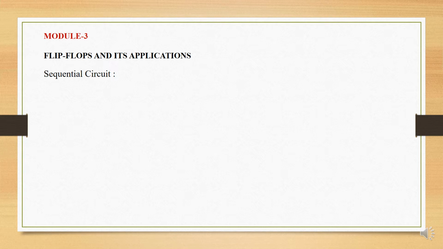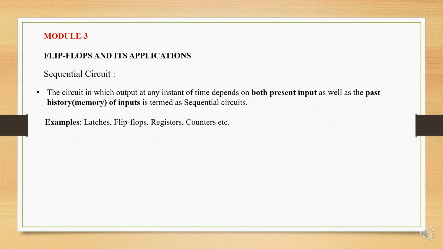In a sequential circuit, the output of a network, that is, a digital circuit, depends on both the present input, that is the applied input, as well as the past history, that is the memory elements. Such circuits are termed sequential circuits. Examples of sequential circuits are latches, flip-flops, registers, counters, etc.